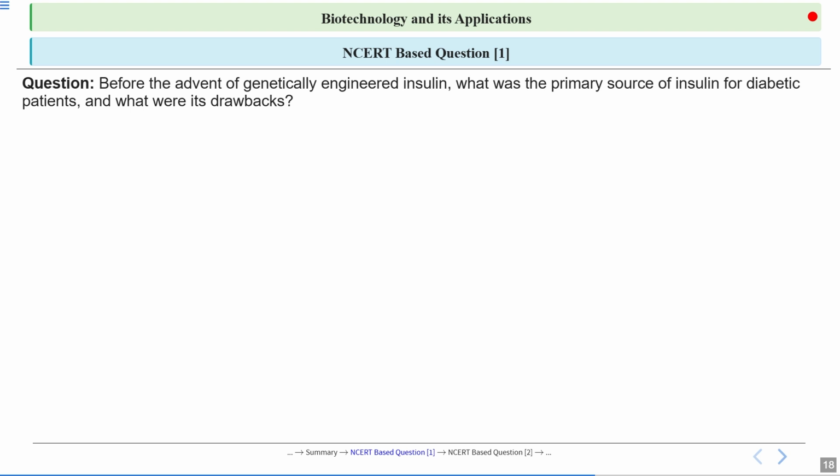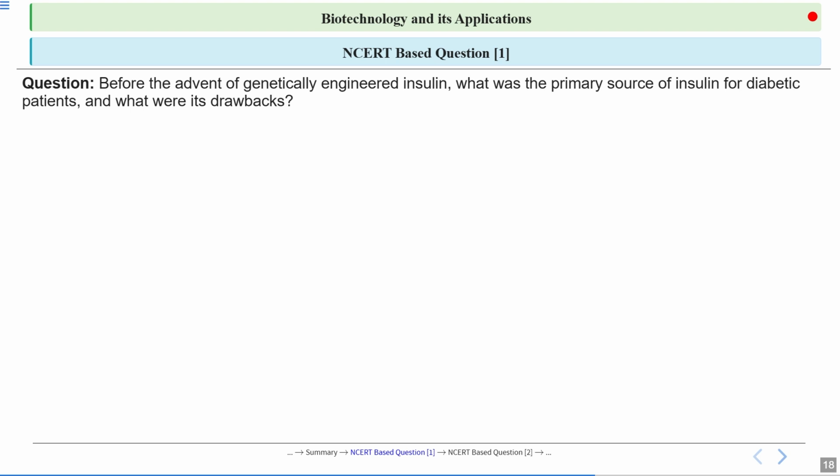The question is asking us, before the discovery of genetically engineered insulin, what was the primary source from which diabetic patients used to take their insulin, and what were its side effects?